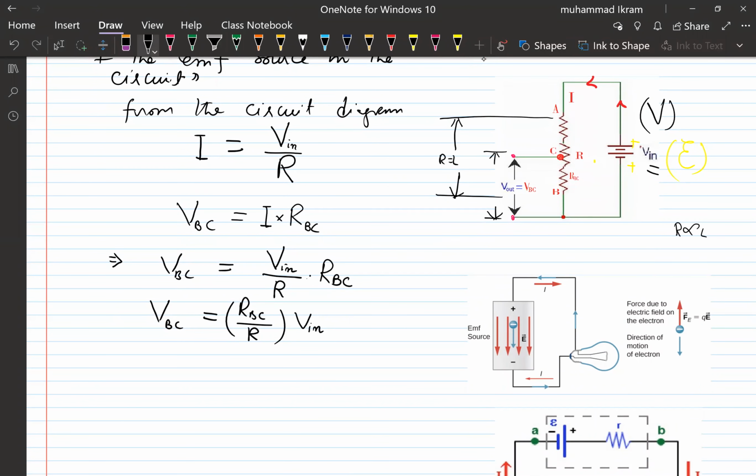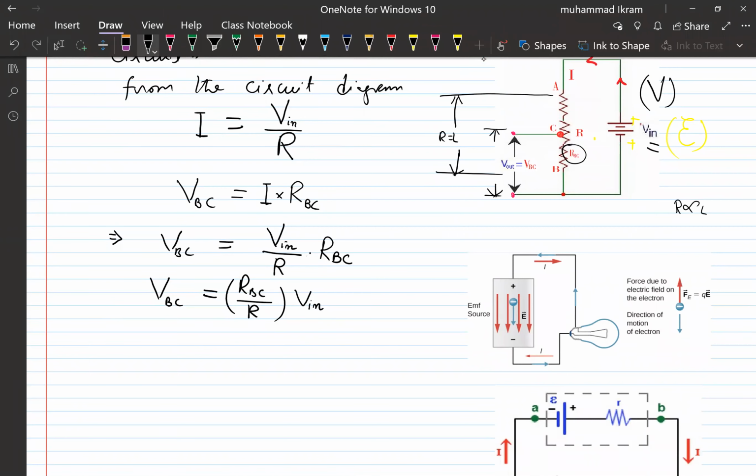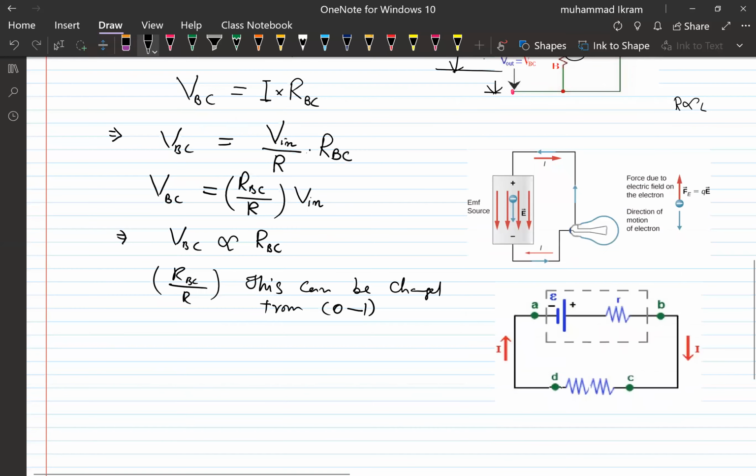RBC is the portion of the resistor between the points C and B. Since R is fixed, the only way to change VBC is through RBC, so VBC is directly proportional to RBC. This means the ratio RBC to R can be varied from 0 to 1.